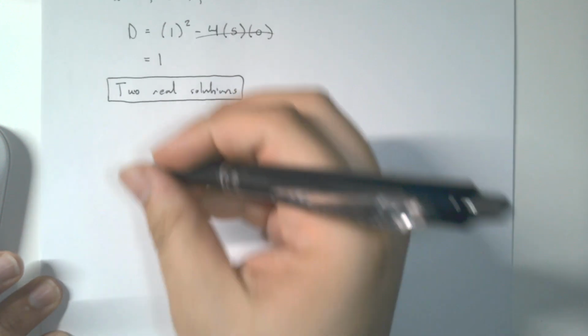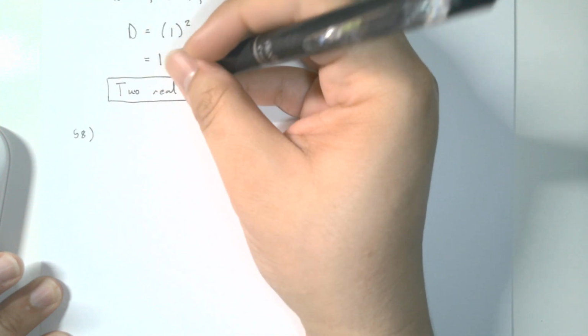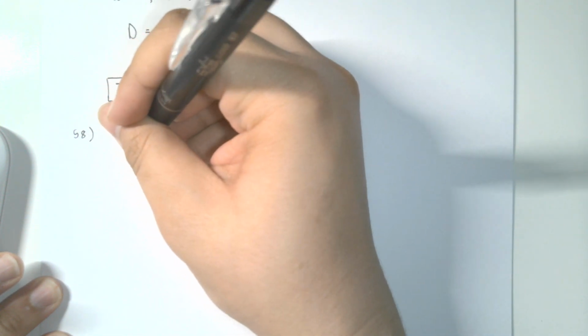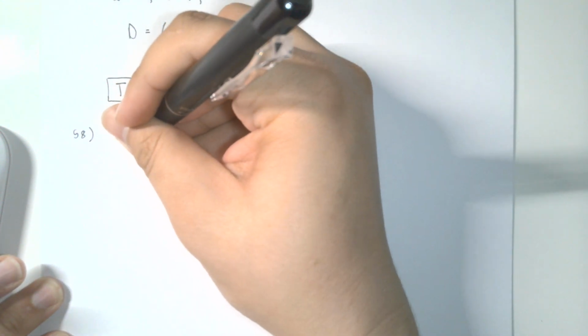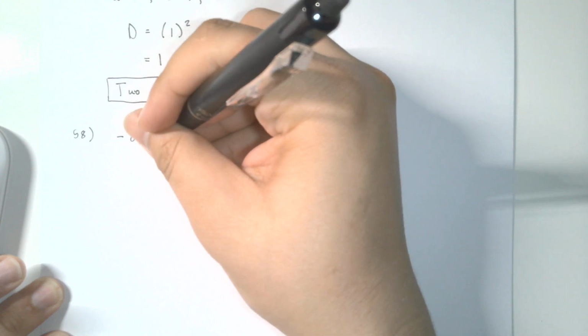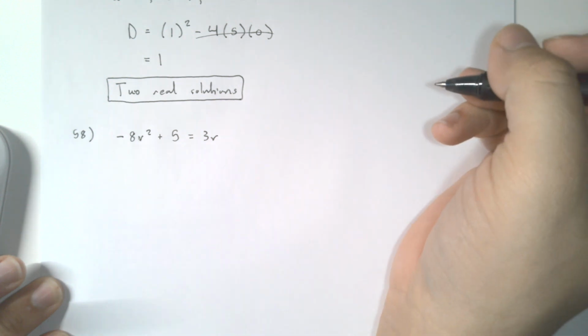Let's look at number 58. So for number 58, we have negative, oops, sorry, that's a v. Negative 8v squared plus 5 is equal to 3v.